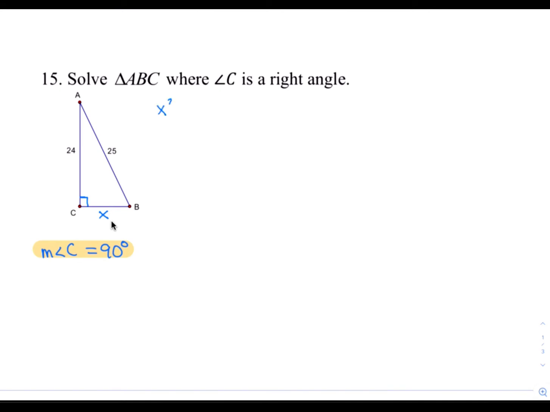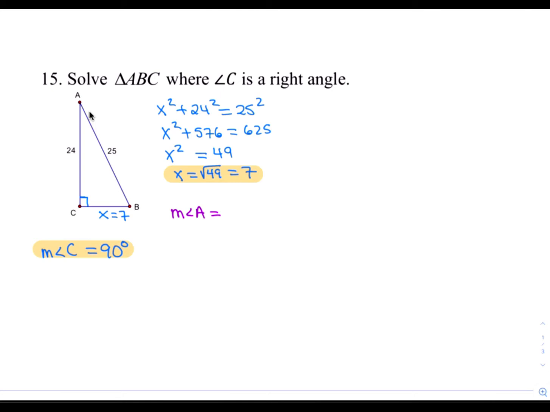So we can say that x squared plus 24 squared equals 25 squared. Squaring the 24, you get 576, and squaring 25, we get 625. We'll subtract 576 from the 625 to get 49, and then we'll take the square root, and so x is 7.